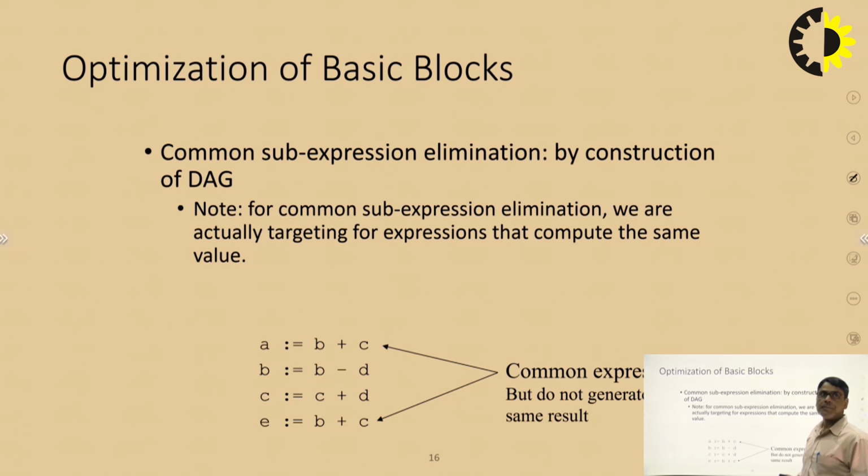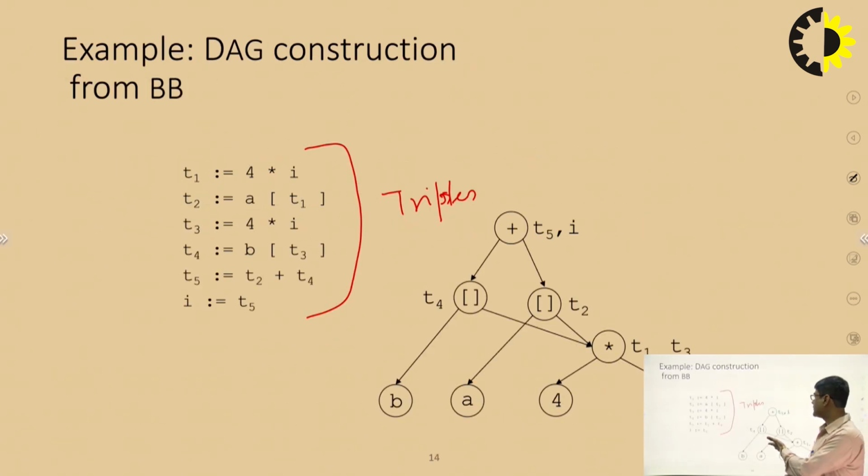The first advantage of converting a basic block into a directed acyclic graph is common subexpression elimination. How can we eliminate common subexpressions? This is another example, because we are referring to this example for designing the DAG. But what are the advantages of DAG? In this example, common subexpression means a node that has more than one variable.